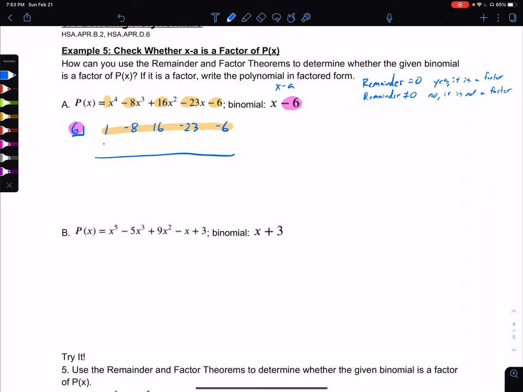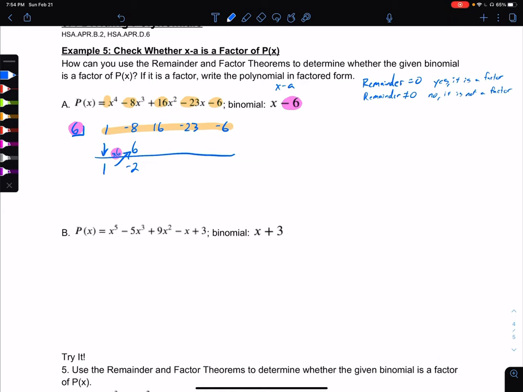So let's do synthetic division. Drop down our 1. And this time I'm not going to show all of my arrows, but remember to get from here to here, you're multiplying by this term, that multiplying by 6. So I'll just write it once as a reminder. 1 times 6 would be 6, and then we're just going to keep adding. So -8 plus 6 would be -2.